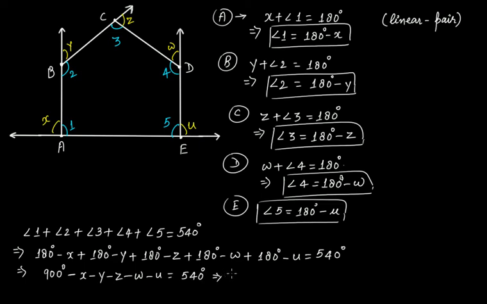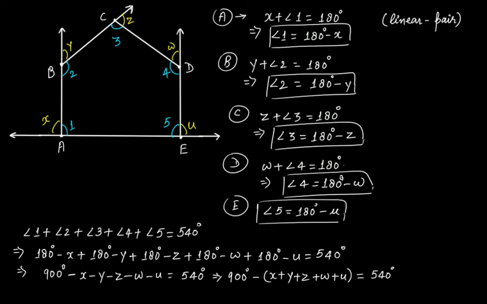This can be written as 900 degrees minus (x plus y plus z plus w plus u). This is within the bracket, because when you open the bracket, this becomes minus x minus y minus z minus w and minus u, and this is equal to 540 degrees.